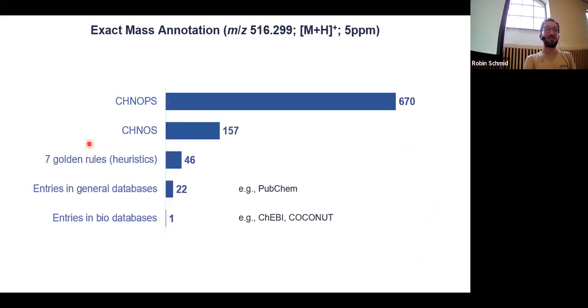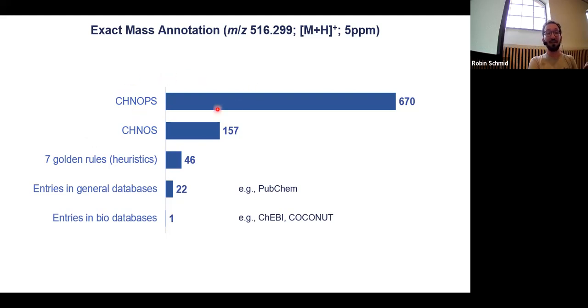And for annotation, I just want to say that annotating based only on molecular formula prediction, just using the accurate mass-to-charge ratio, even if you can push it down to 1 ppm or 2 ppm, is not really the way to go. Nowadays we have spectral libraries, we have SIRIUS and other tools that can help you.